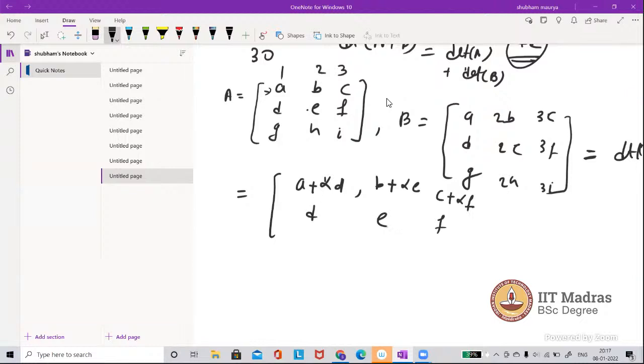We obtain a matrix after multiplying the second row with alpha and adding it to the first row. The determinant of this matrix, let's say matrix C, will be equal to the determinant of A. It will not affect the determinant.